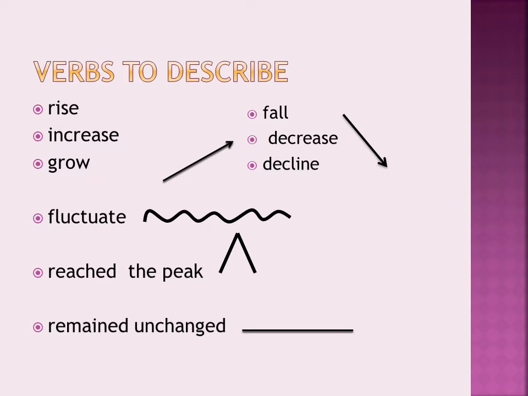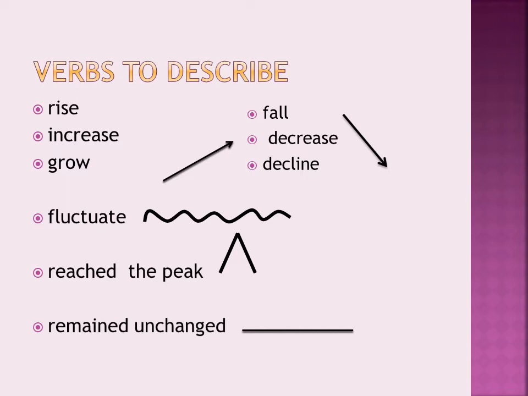Let us see how verbs are to be used to describe a graph or chart. Look at the lines, and you will see what type of verbs we can use. For the first line, we can use rise, increase, grow. When the lines go up, we use such verbs.